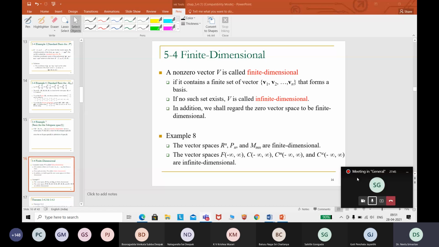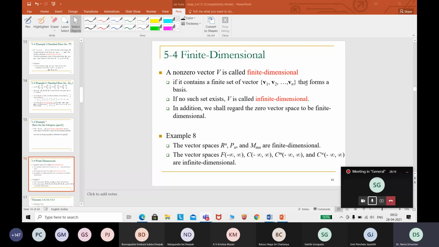For finite dimensional, it is a very simple concept. You just clarify whether my explanation and your thinking are matching or not. A vector space V of non-zero vectors is called finite dimensional only if it has a finite set of vectors that forms a basis.